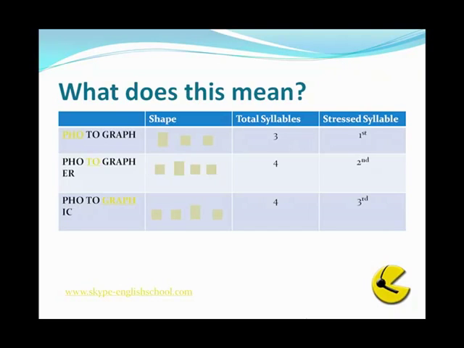Photographic has four syllables as well, but we stress on the third syllable. Photographic. Now I am actually emphasizing the word stress a little bit more than you would find when people are speaking naturally, but I just wanted to draw your attention to this.